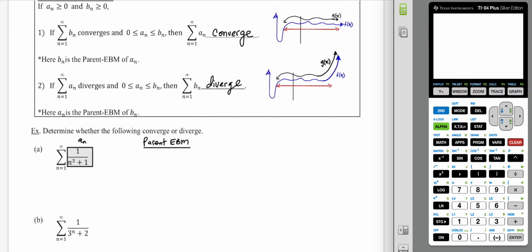the a sub n. All right, so the way we find an EBM, we talked about this before, is we take the term with the highest power on the top of the fraction and divide it by the term with the highest power on the bottom of the fraction. The parent part of it is just saying to strip away all the trimmings. For example, y equals 2x squared plus 3x plus 2.